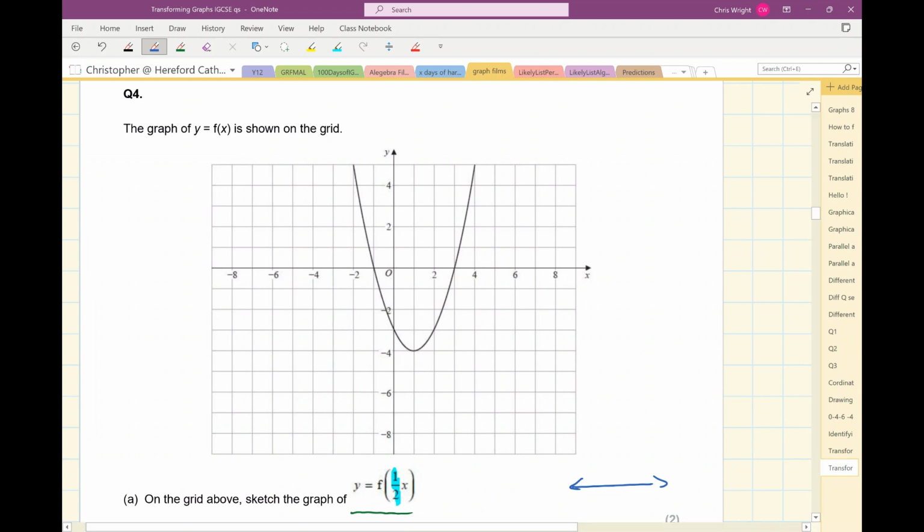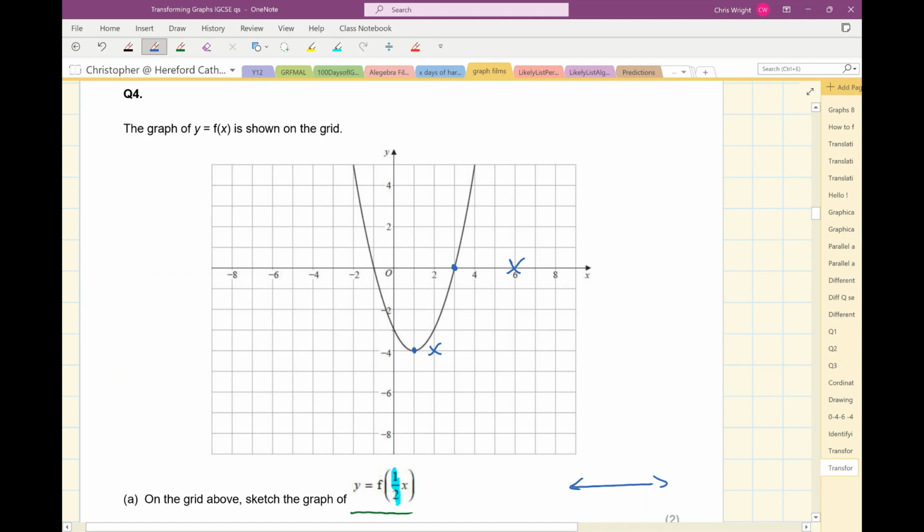So let's look at each point, or several points, and see what happens if I double the x coordinate. Let's start with this one here. This point has got an x coordinate of 3, so now it will have an x coordinate of 6. This point has got an x coordinate of 1, so now it will have an x coordinate of 2.